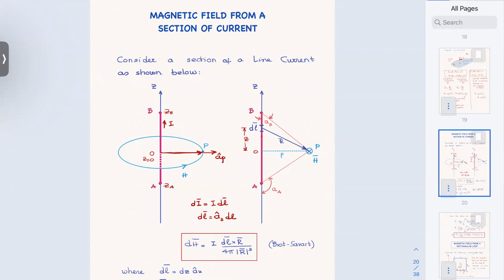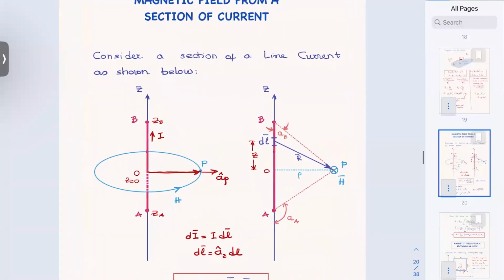Okay, so what we are going to do next is to walk you through the solution of this problem. So now we have a section of a wire that carries a DC current, and the current flows from A to B, and you can see it here. That's the direction of the current.